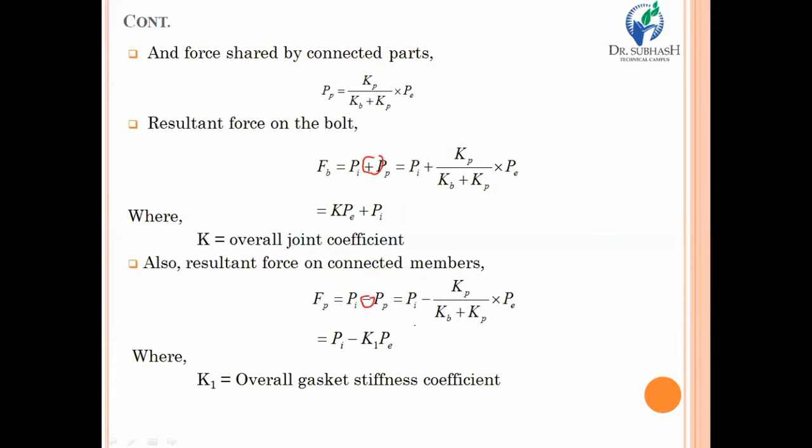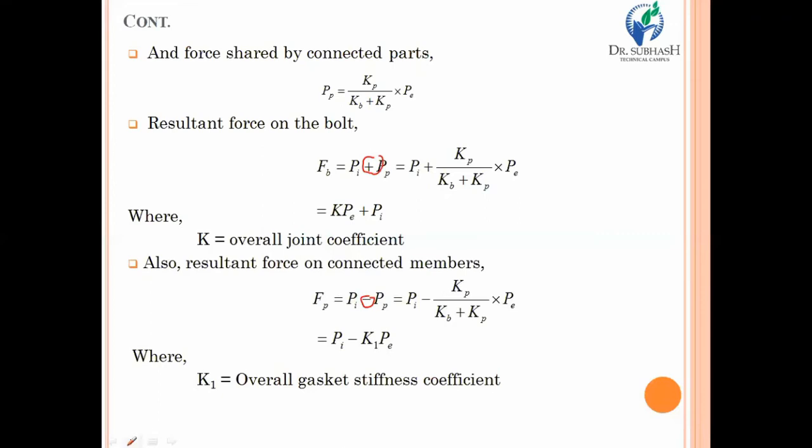This is so because in case of resultant force on bolt, the direction of tightening force is in the same direction. Whereas while you are tightening the cylindrical cover and cylinder with bolt, the force imparted on the members due to pressure is opposite to that of initial pressure.